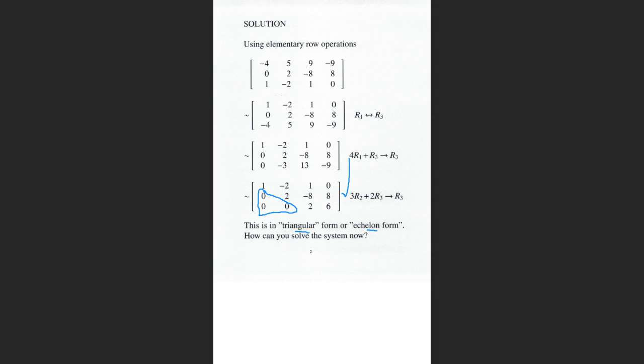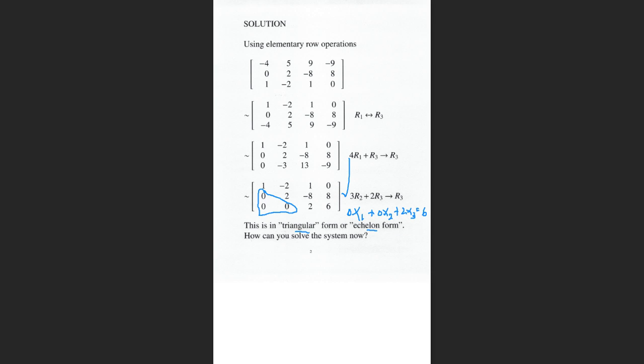Good. x3. x3, because the third equation here is 0x1 plus 0x2 plus 2x3 equals 6. And so x3 equals 3. So that's great.